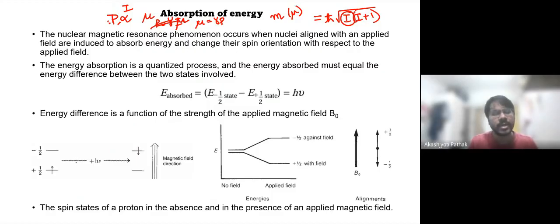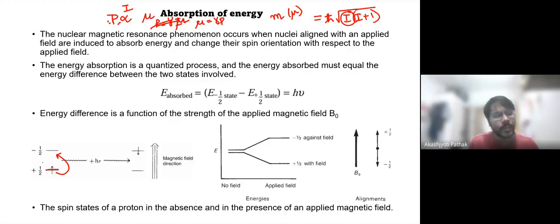You can see over here, this is the ground state of the nuclei. Now you apply an energy h nu. This energy will be absorbed by the nuclear spin, and it will transition from one energy state to a higher energy state.